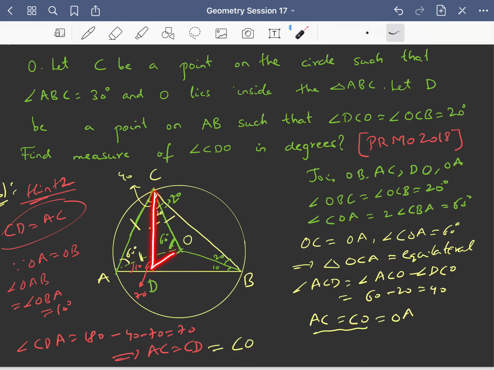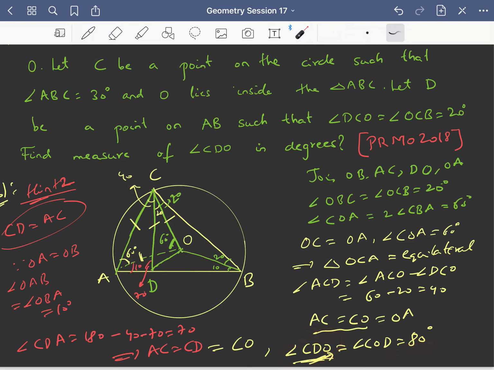So now if you observe this triangle CDO, these two sides are equal. This is 20. So this angle is nothing but 80 and this is also 80. Okay. So angle CDO is equal to angle CODO is equal to 80 degrees. So this is what we have. We need to find angle CDO, which is 80.